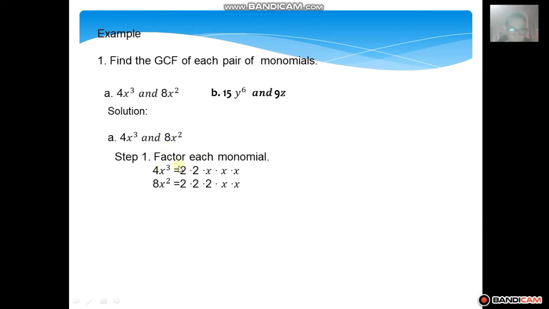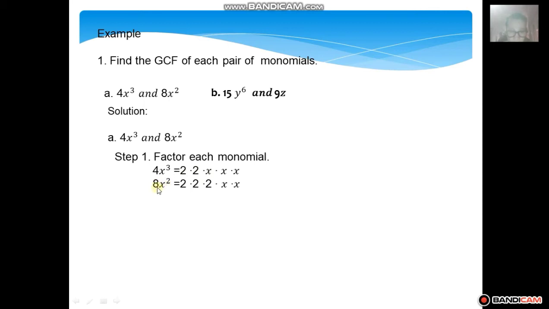Step 1, factor each monomial. So we need to factor first the numerical coefficient, which is 4, and the factors are 2 and 2. Then also x cubed, the factors are the three x's. If you want to go back to the expression x cubed, just multiply the factors. Then we will do the same with 8x squared.